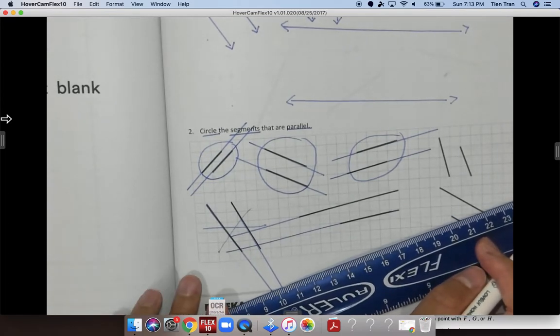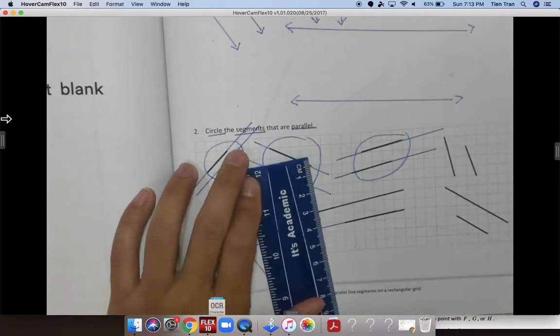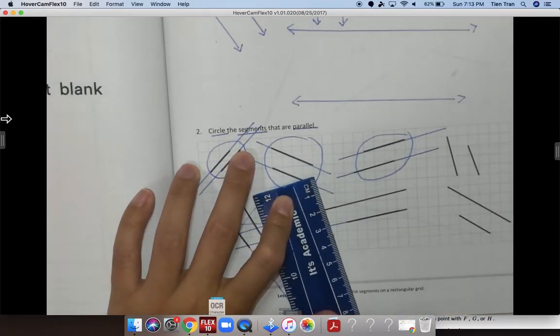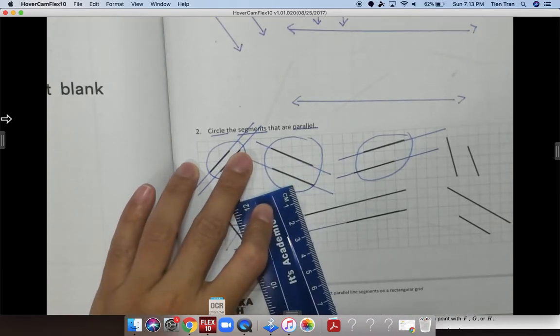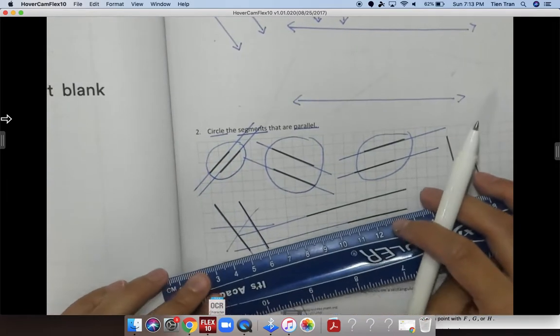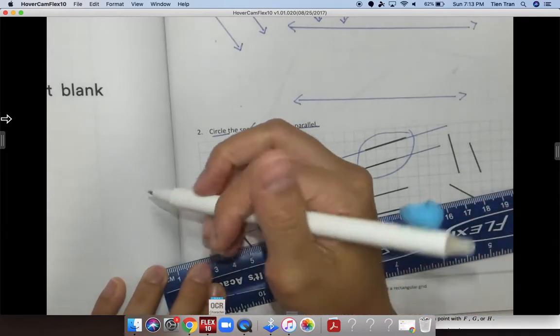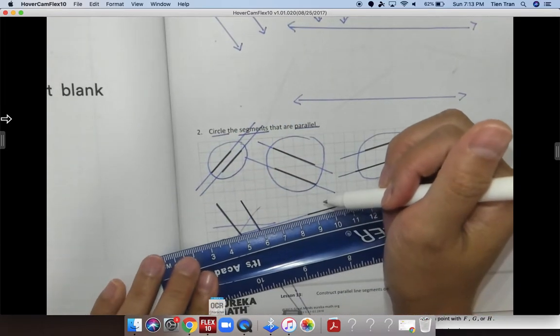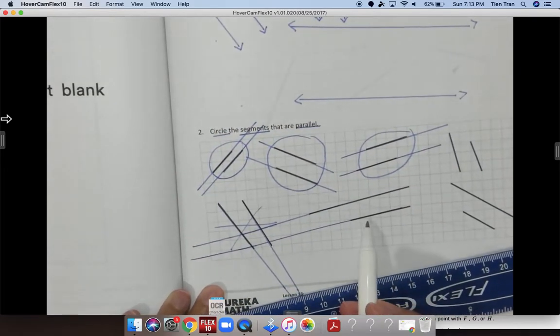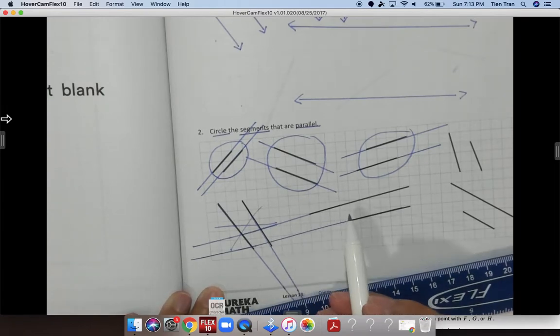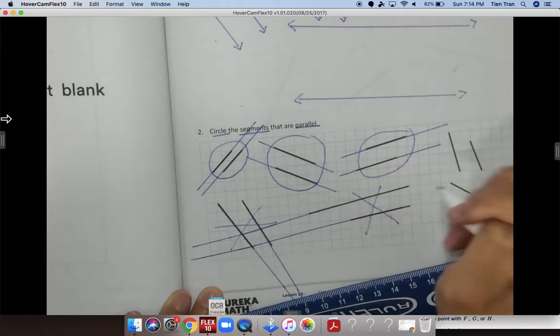Oh, maybe they're not parallel. Let me extend the line and see if it actually meets at any point or gets smaller. Okay, so they do eventually end up meeting. If you look at the line right here, it looks like the lines are going to slowly end up meeting together, so these are not parallel lines.